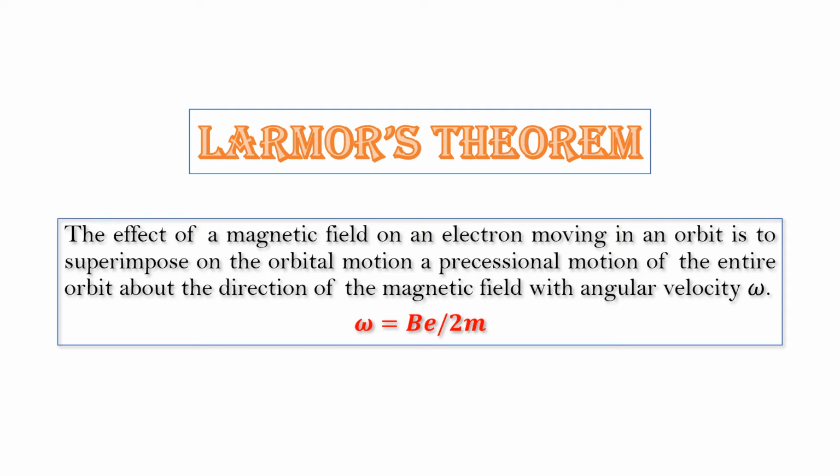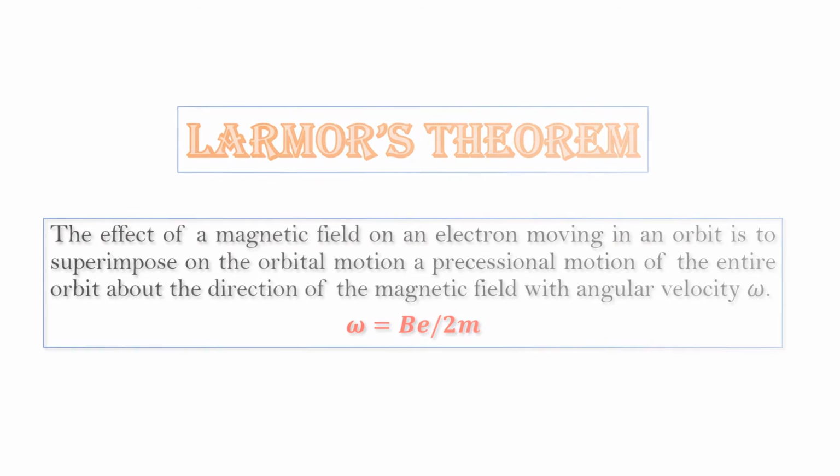So we have to find out the effect of the magnetic field on an electron which is moving in an orbit: it superimposes on the orbital motion a precessional motion of the entire orbit about the direction of the applied magnetic field, with angular velocity omega. So this is the statement of Larmor's theorem.